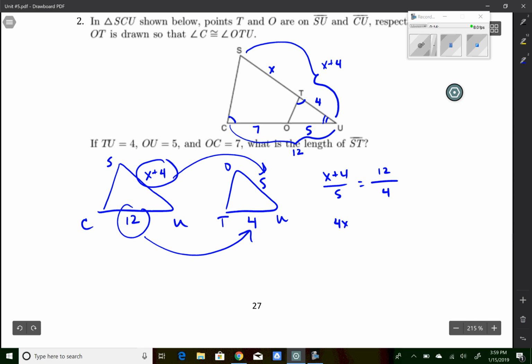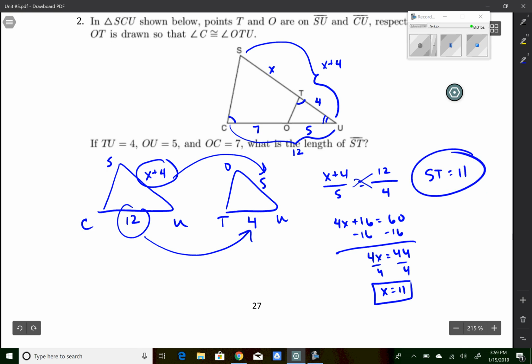I get 4x plus 16 equals 60. 5 times 12, 60. Subtract 16, and I get 4x is equal to 44. Divide by 4, and I get x equals 11. That's it, right? So I could say ST is equal to 11 in this picture.